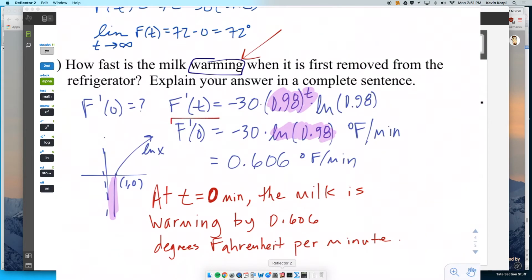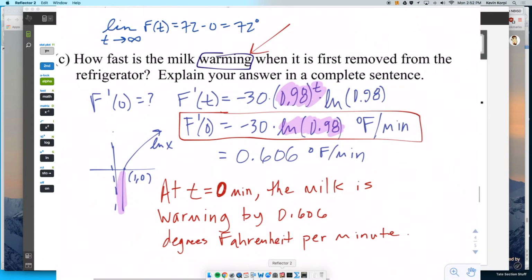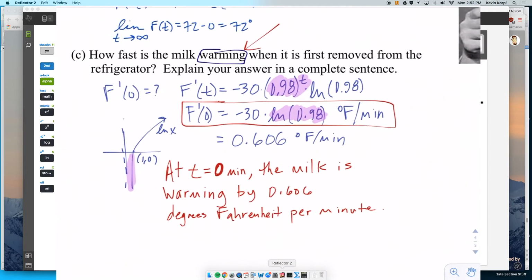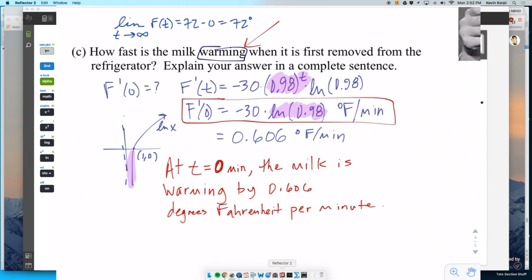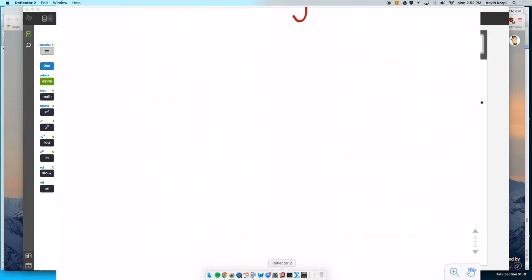And even though it would be a calculator question, you wouldn't necessarily be expected to give a final answer like 0.606. You could leave it like negative 30 ln of 0.98. But taking the derivative by hand increases the likelihood that you might make a careless mistake or takes up valuable time. So here's all you would have to write if this were truly a calculator question.